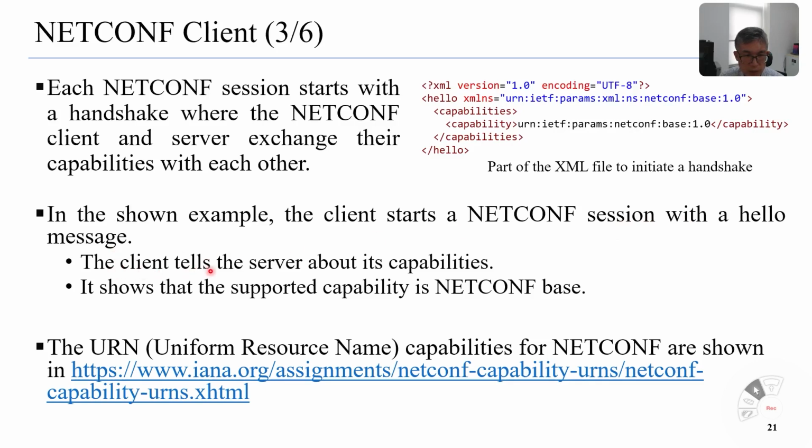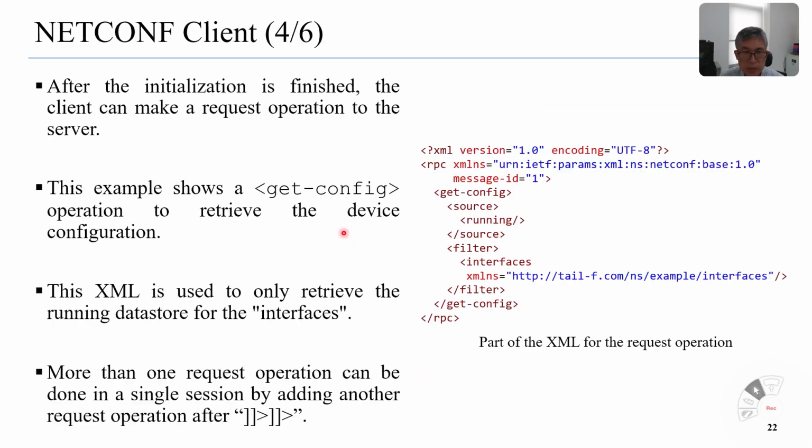The client tells the server about its capabilities. The capability is NETCONF base version 1.0, which shows that the supported capability is NETCONF base. And the URN, uniform resource name, capabilities for NETCONF are shown in this link.